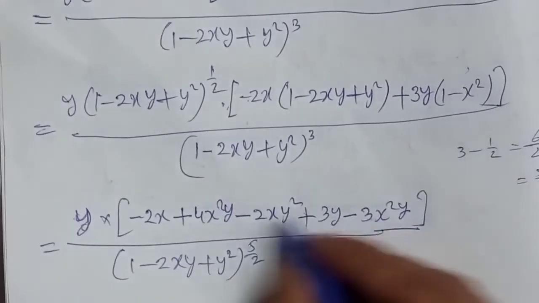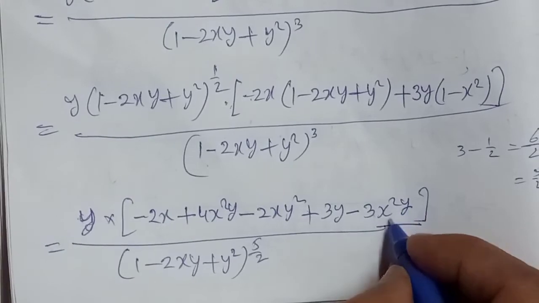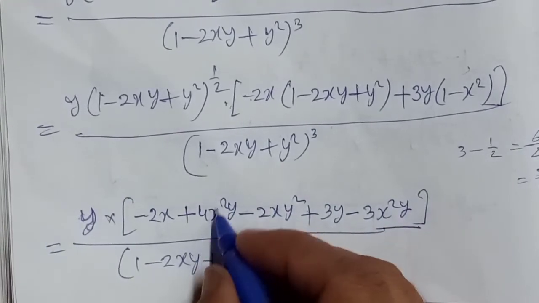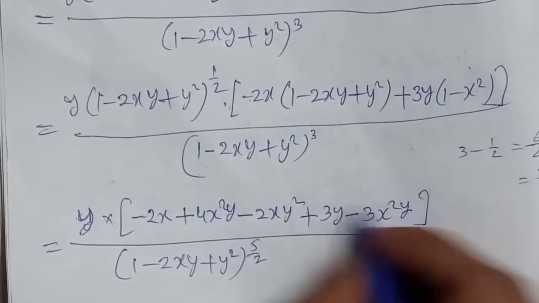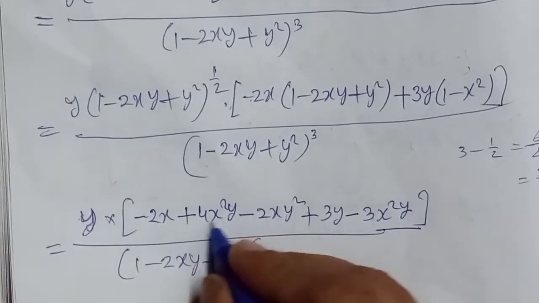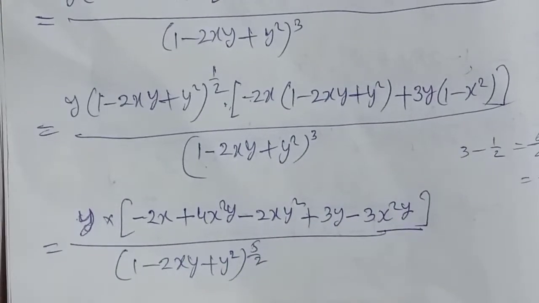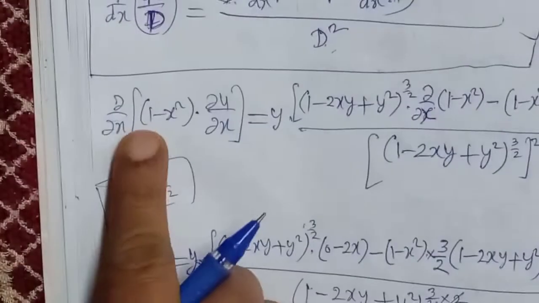We are seeing that these two terms are the only like terms, so subtract 3y square from 4y square, we get only x square y. This is the value of this.